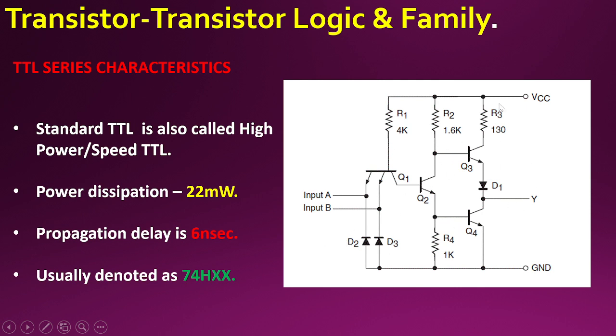But if we reduce the resistor values, there is an effect of V square by R on the power: if we reduce R, power increases with the square of the voltage applied across it. So whenever we try to speed up the system, we are increasing the power dissipation, or the power requirement, of the system.